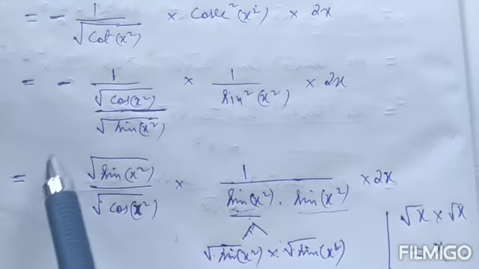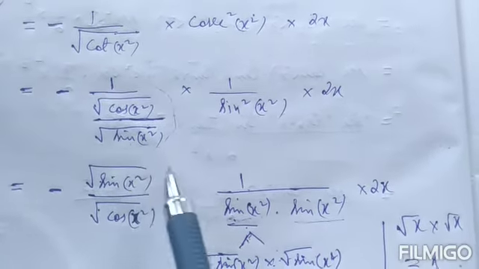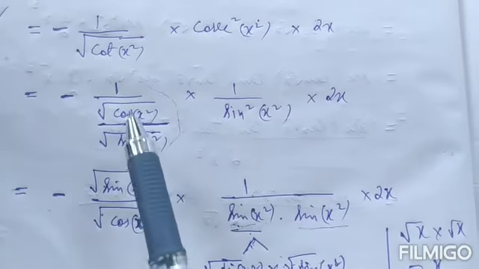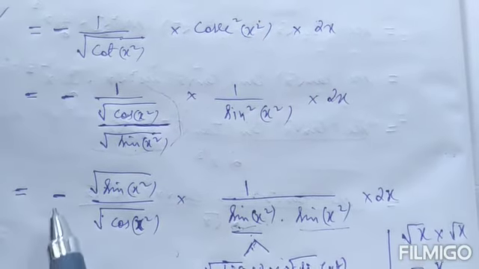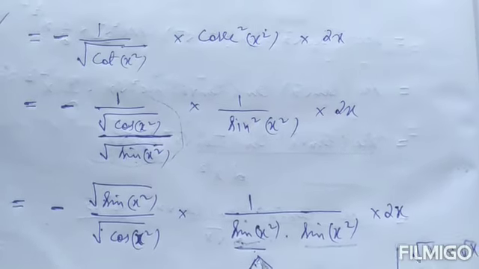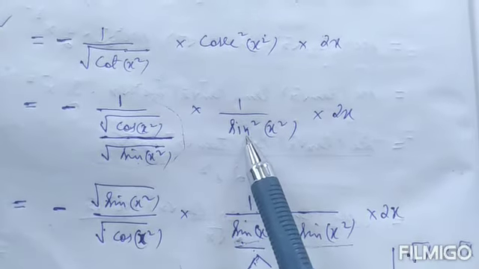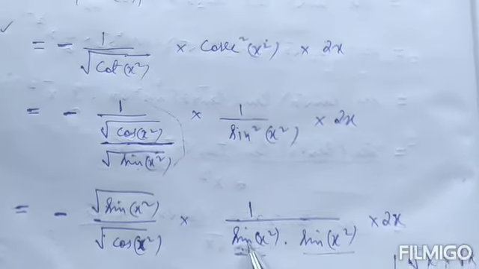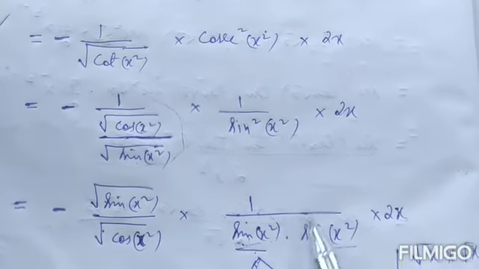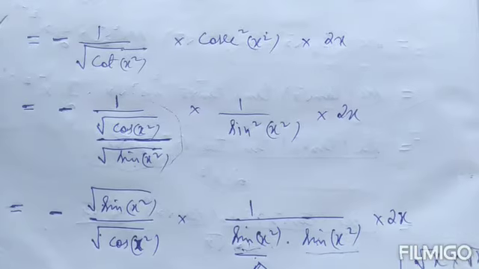And then in the next line, I will arrange this one. Sine will go to the top, cos will go down, minus remains the same, and then 1 divided by sine square. Sine square means 2 sine. I separate the sine, that means I'll have sine x square and then sine x square, and then 2x remains the same.